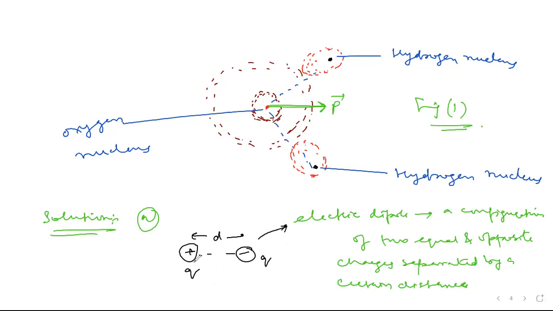Now an electric dipole is characterized by a vector called the electric dipole moment.